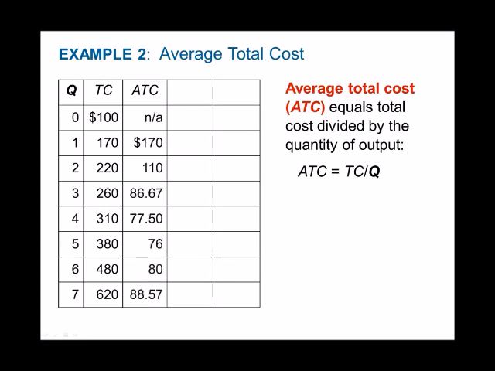For the first one, we have 0 because total cost divided by 0 is an undefined number. But let's say for the second unit, our total cost is 220. If I'm producing 2 units, then my average total cost is 220 divided by 2, which is 110. We also have two different kinds of measure. AFC is average fixed cost, and AVC is average variable cost.